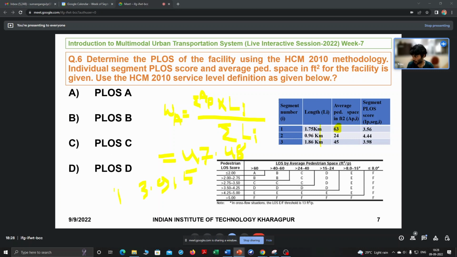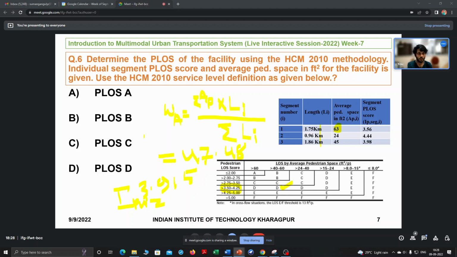That is your weighted score. So now 3.915 is this, and your 47 is in the 40 to 60 range. Then your level of service is level of service D. So whoever answered first has calculated it right. So it is D. It is also very straightforward, I think.